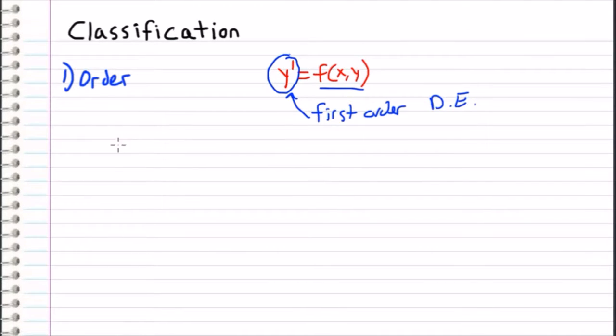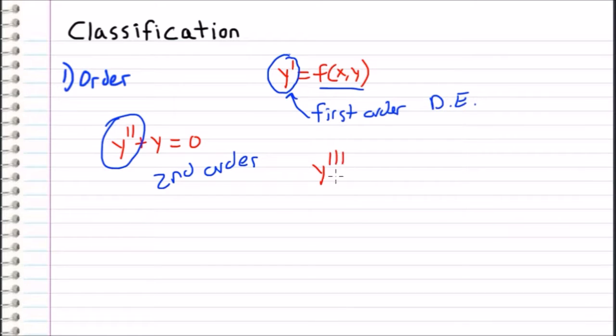So for example, if we had this equation and we recognize that we have a second derivative in it, we call this a second order differential equation. So what about this? y triple prime plus y double prime plus y is equal to 0.